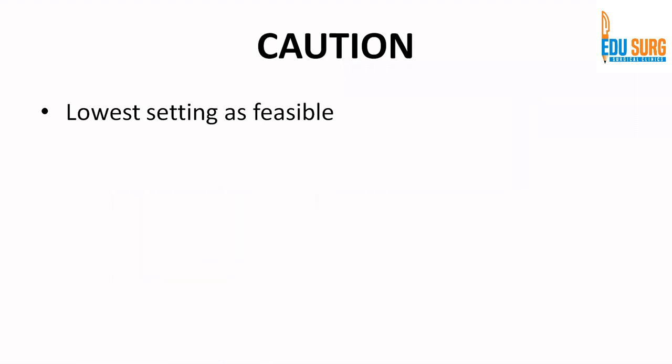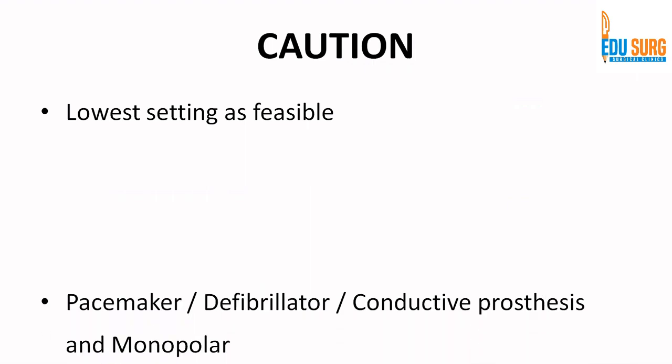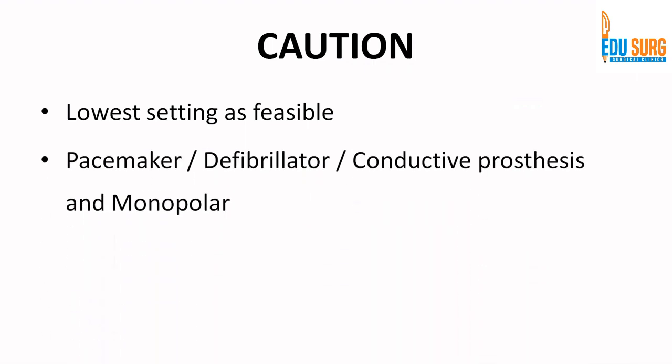Some other points: use the lowest setting as feasible. If you can achieve your tissue resection at 25, you should not use 50, right? Very important is to understand that pacemaker, defibrillator, and conductive prosthesis are all devices that can conduct current and that can be affected by current.